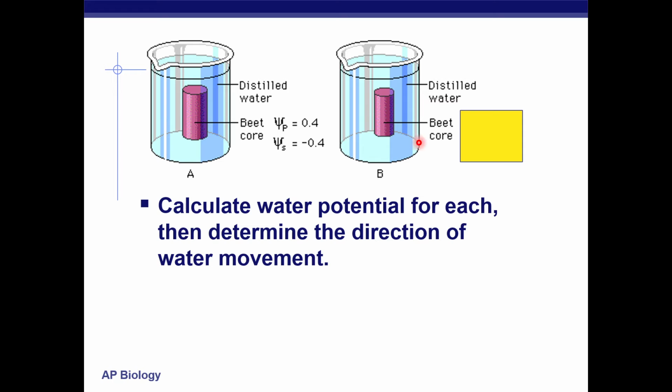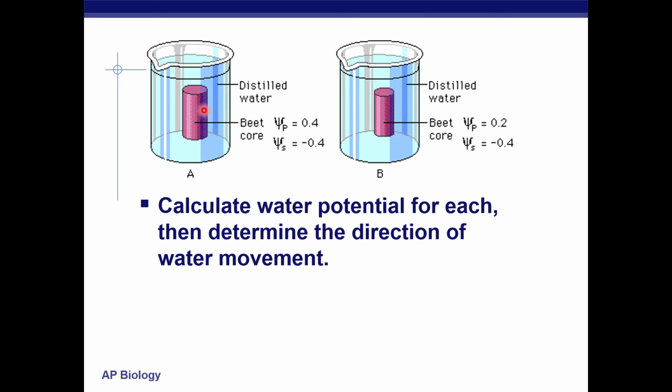All right. So in this other example over here, distilled water, I know that's still going to be a water potential of 0 because there's no pressure potential. There's no solute potential because there's no solute in pure water. But this beet core is a little different. Its pressure potential is 0.2, and its solute potential is still the same, negative 0.4.